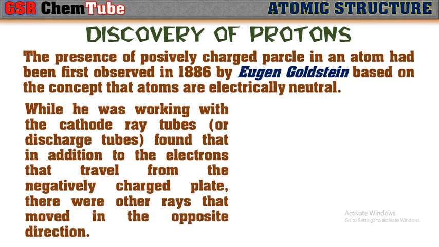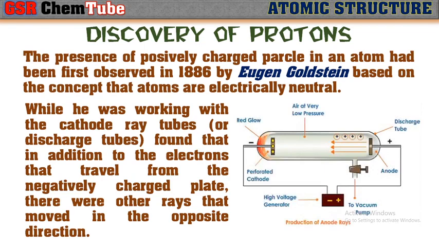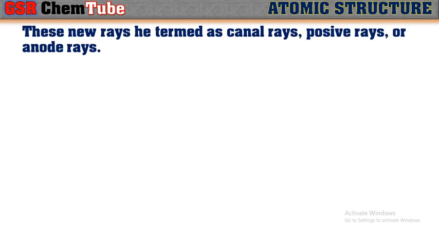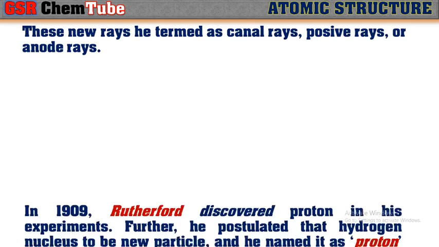While he was working with the cathode ray tubes, he found that in addition to the electrons that travel from the negatively charged plate, there were other rays that moved in the opposite direction, from the positive electrode to the negative electrode. These were called anode rays or canal rays or positive rays.